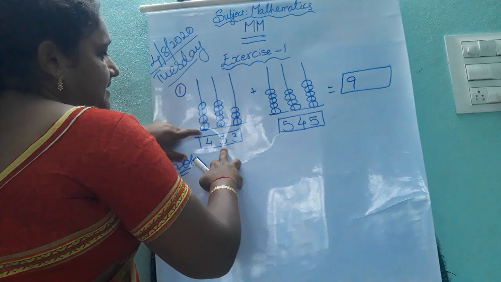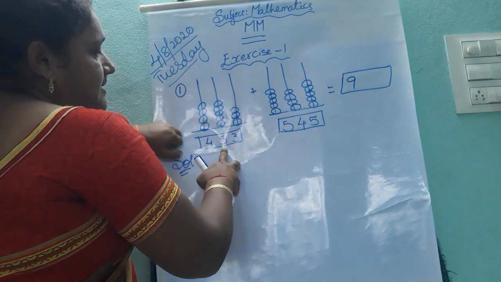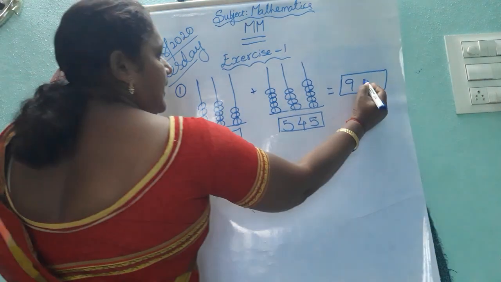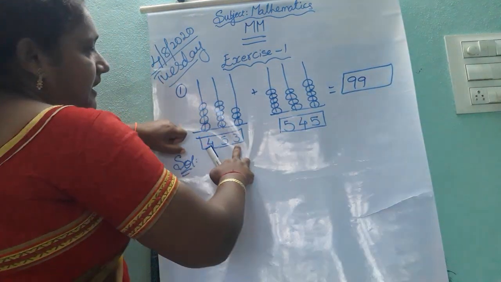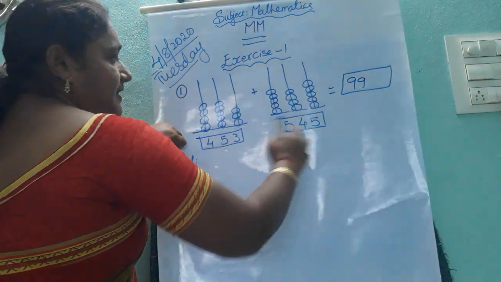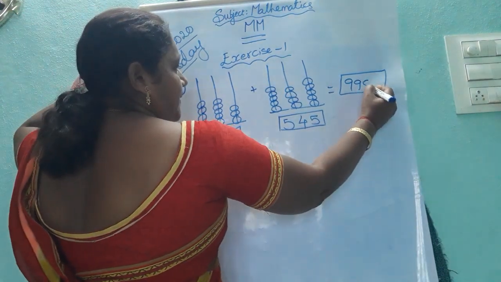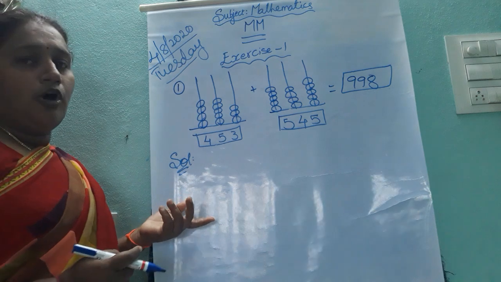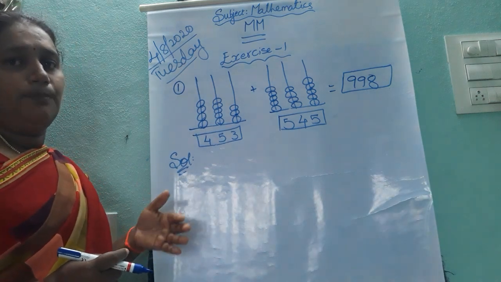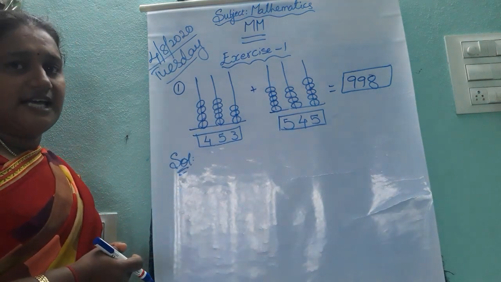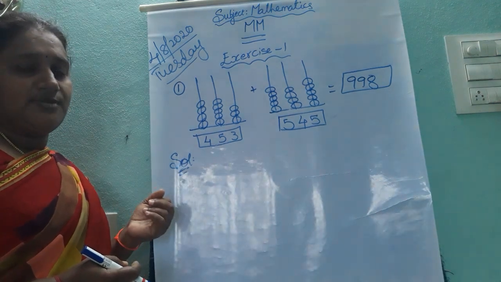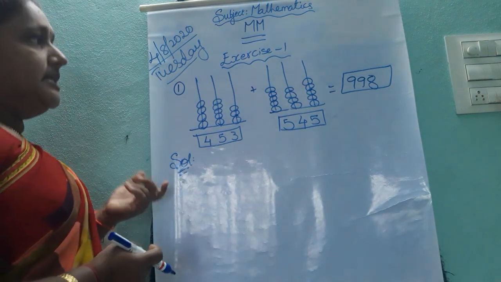Next in the tens place, 5 and here 4. 5 plus 4, 9. Again in the ones place 3 and here 5. 3 plus 5, 8. Here not yet given any type of regrouping addition. Yes, na? So it is very easy to write.